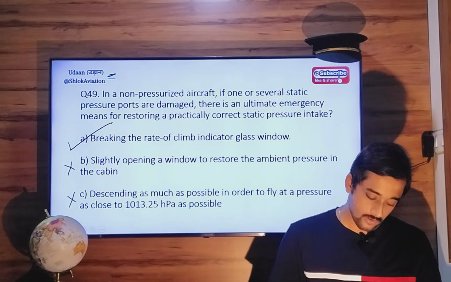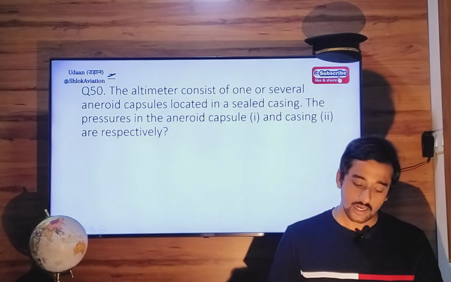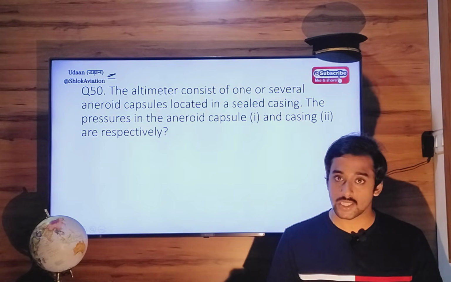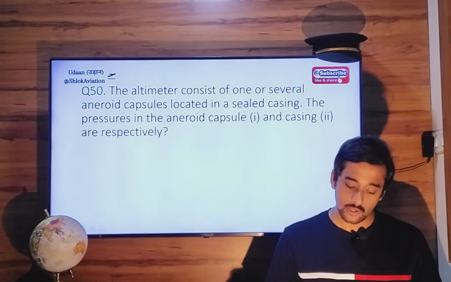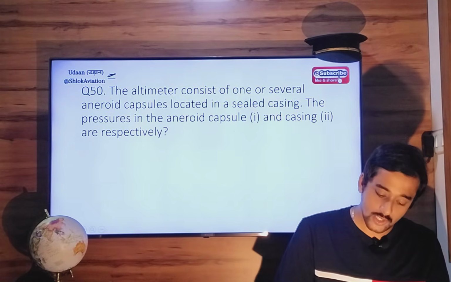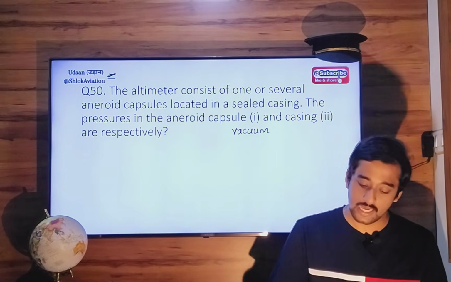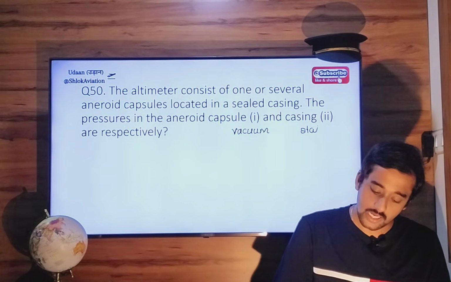So option Alpha. The altimeter consists of one or several aneroid capsules located in a sealed case. The pressure in the aneroid capsule is vacuum, and the pressure surrounding the vacuum aneroid capsule in the casing is static pressure.